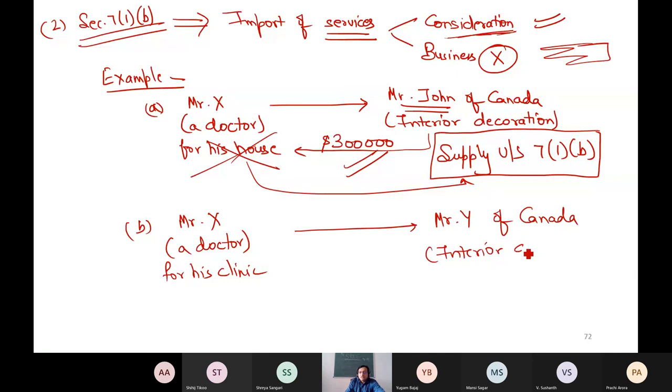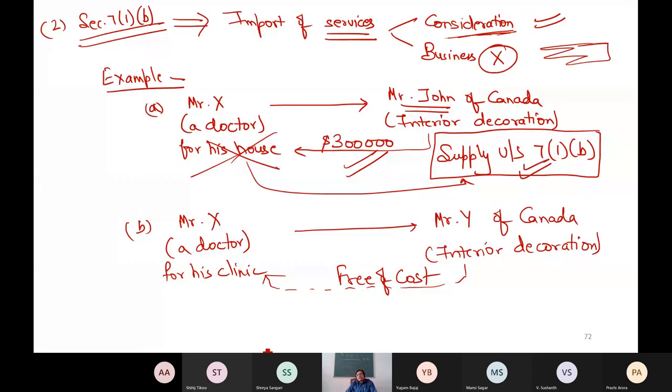Or let us not assume Mr. Y is the brother, Mr. Y is another person. But maybe because of some personal relation, Mr. Y has supplied this service free of cost. Is it a supply or not? Think carefully, is it a supply or not under 7(1)(b)?